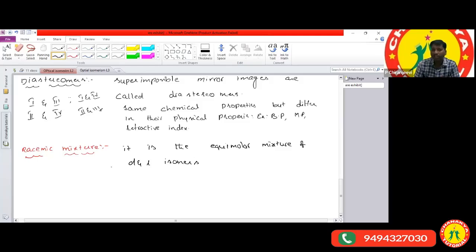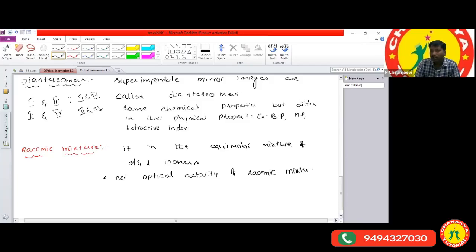If it is the racemic mixture, then what about the net optical activity of the racemic mixture?